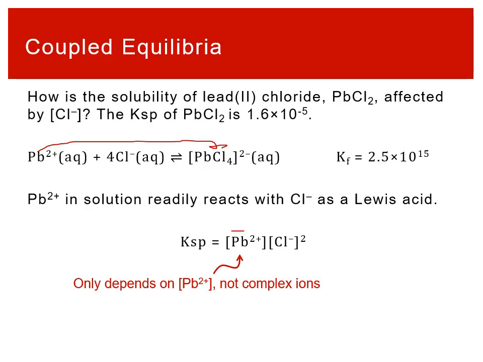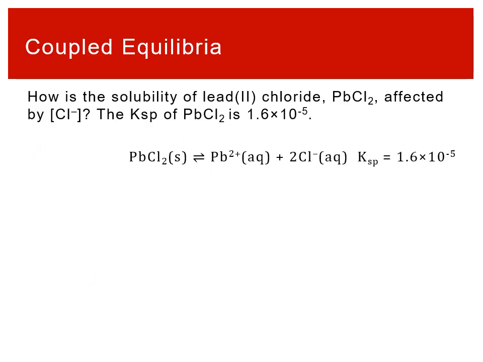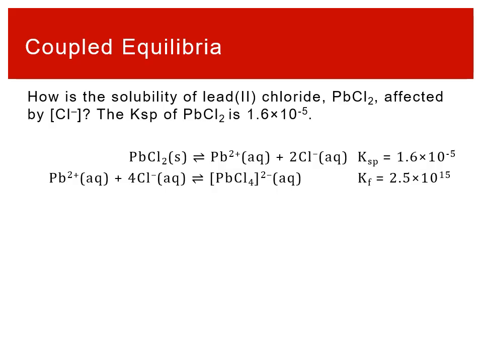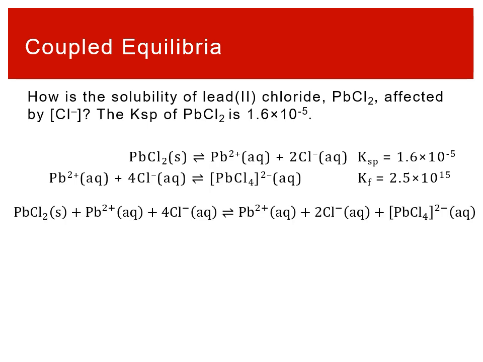So more could dissolve. So we have our reaction of dissolving. PbCl2 reacts to become Pb2 plus and 2Cl minus. Our second reaction then is that the dissolved lead-2 cations react with 4 chlorides to make the complex ion. And so we can put that all together, cancel out the leads. The chlorides cancel out to some extent, that 2 and that 4 becomes a 2.